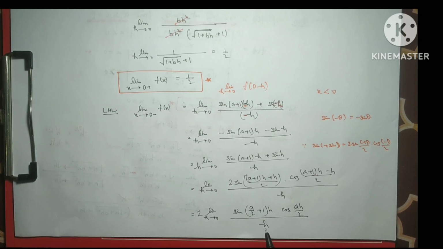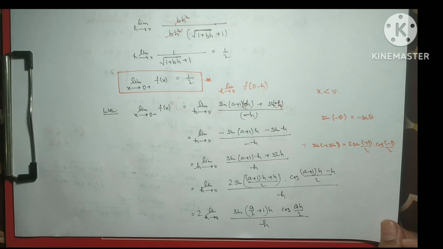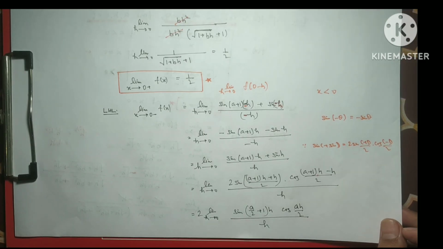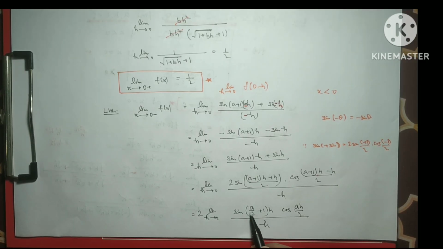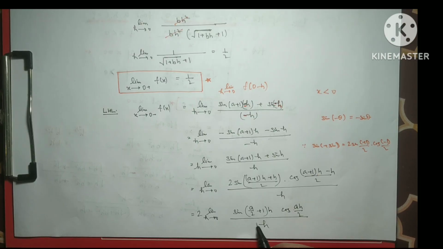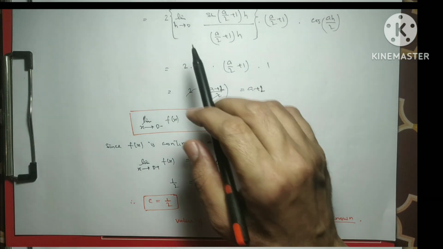We want to use the theorem limit h tends to 0, sine h over h is 1. So for that the angle should be equal, but right now we have the angle a by 2 plus 1 h, but there is only h. So we have to create this factor. For that purpose we will multiply and divide by a by 2 plus 1.